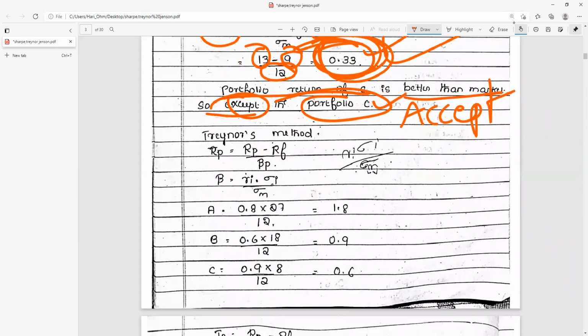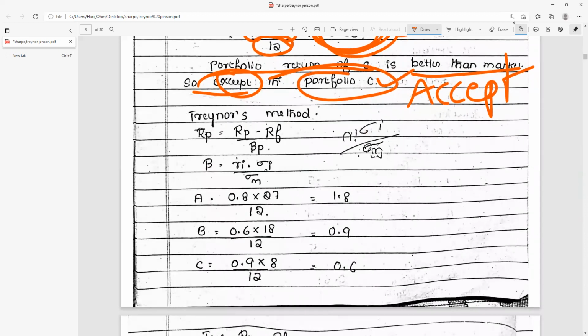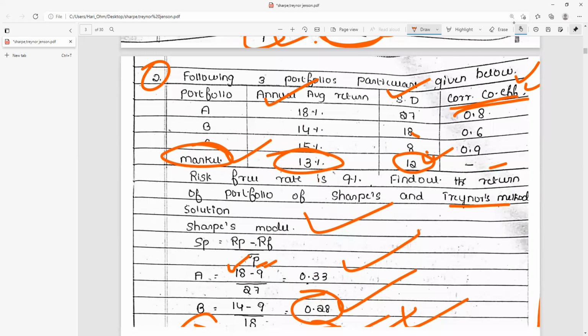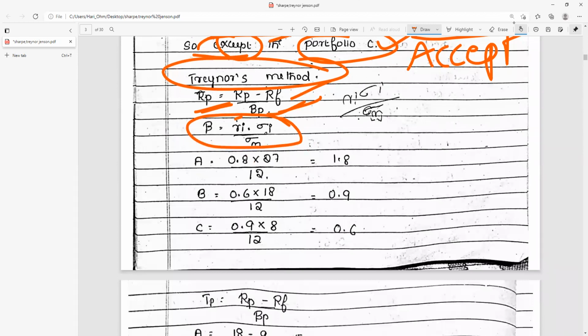Next you need to check Treynor's method. In Treynor's method, the formula is RP minus RF divided by beta P. Here, in this particular question, beta is not given. Instead, the correlation coefficient is given, so to calculate beta you need the correlation coefficient.